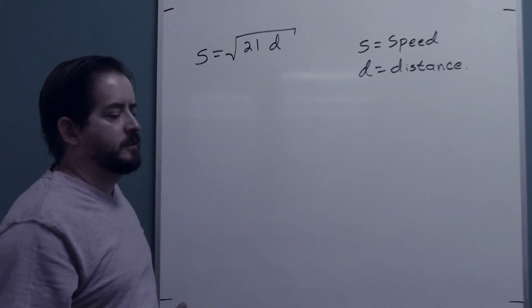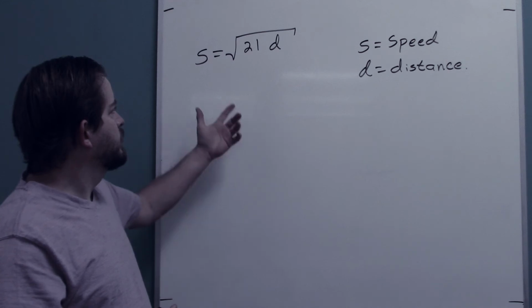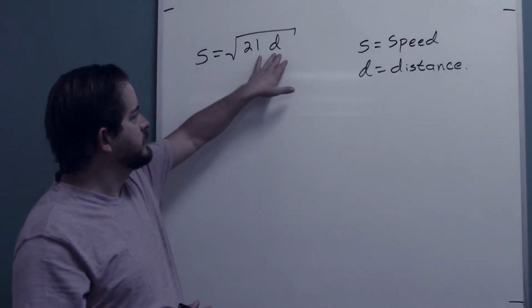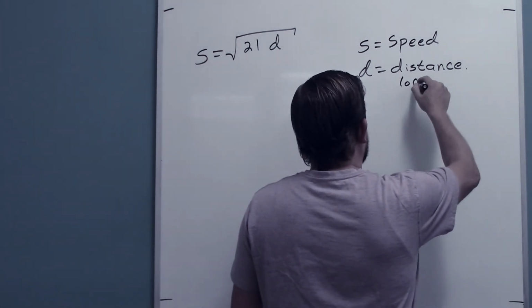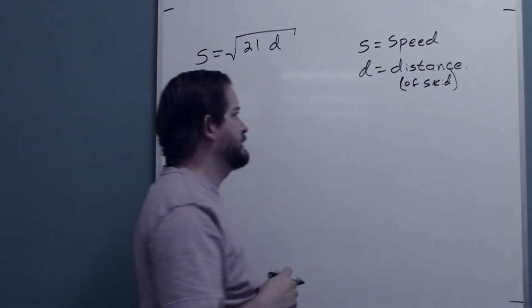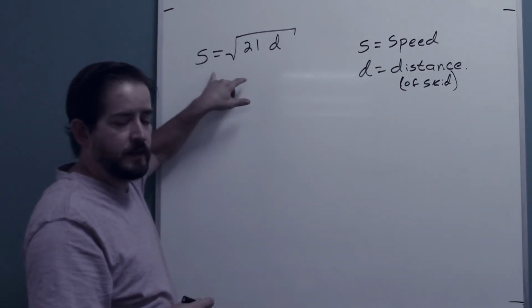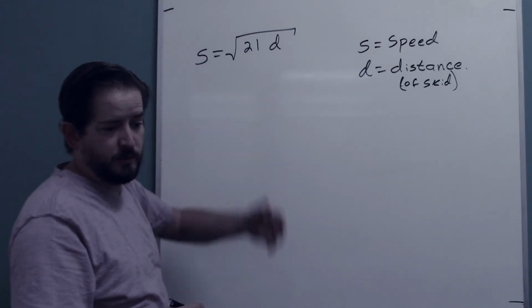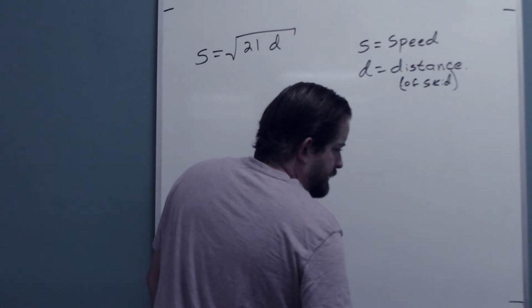And so, let's say there's an accident and the officer on the scene goes and measures the distance of the skid. If the officer measures that distance, he can then say, well, multiply that by 21 and take the square root, and that's about how fast this guy was going.